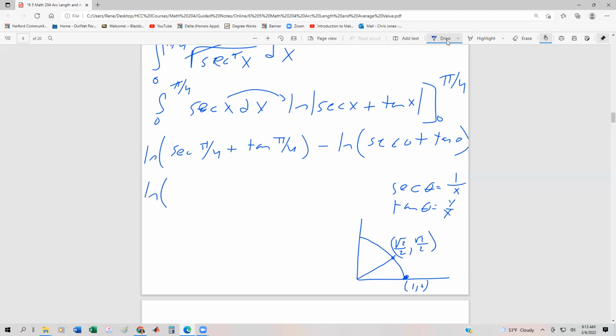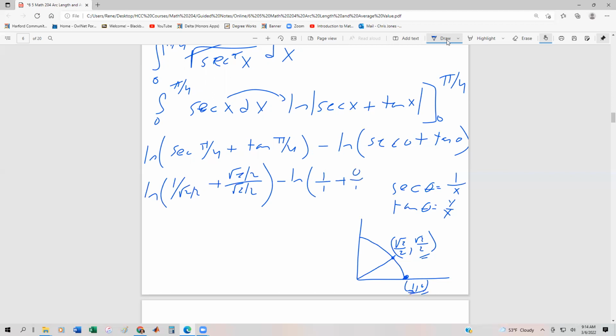So this becomes natural log of 1 over the x coordinate, which is root 2 over 2, plus y over x, and again we're at pi fourths, so that's root 2 over 2 over root 2 over 2. Sec of 0 is 1 over the x coordinate, which is 1 over 1. And then the tangent of 0 is y over x, where y is 0 over 1.